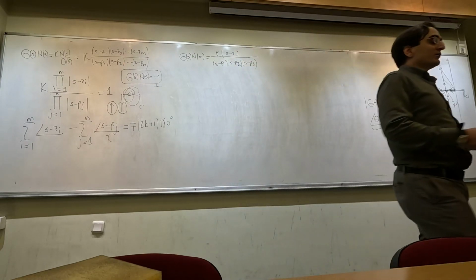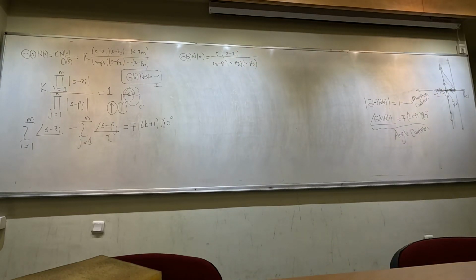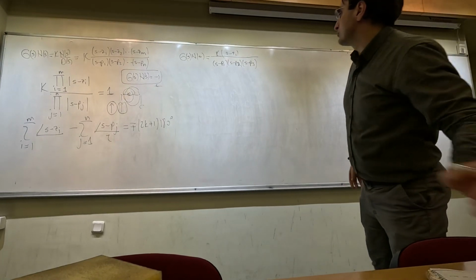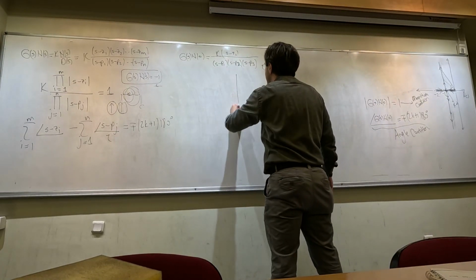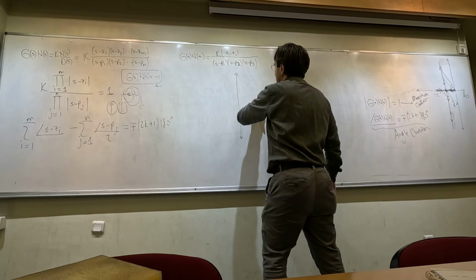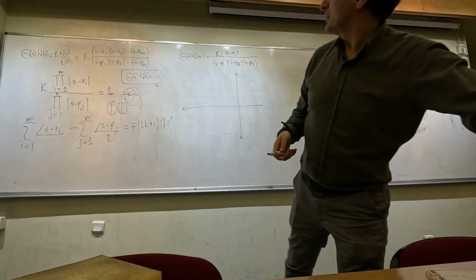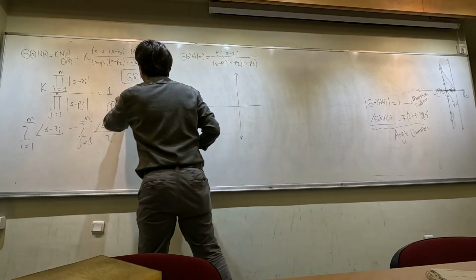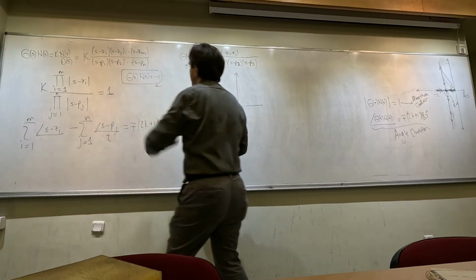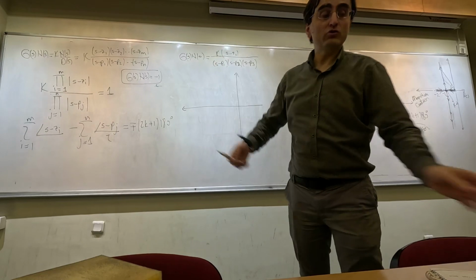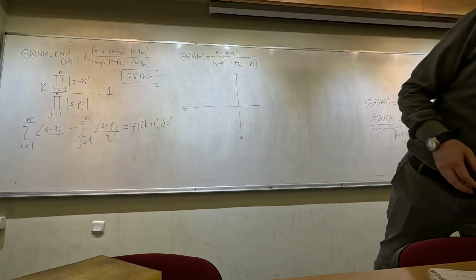In that case, I will look at what is necessary for s to satisfy this equation. What is necessary for s to satisfy this equation? G(s)H(s) is equal to -1.